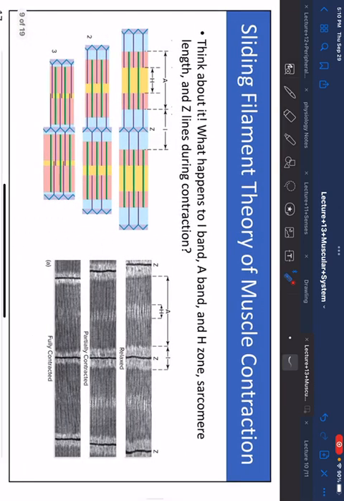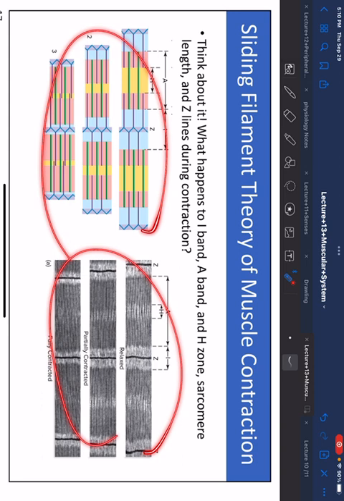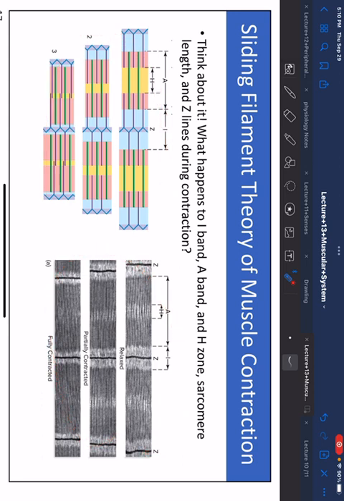So these are just two other representations of muscle contraction. Here's a schematic image where you see your thick filaments in green, your thin filaments in purple, your Z discs in blue, and you can see this is the relaxed. We have two relaxed sarcomeres.